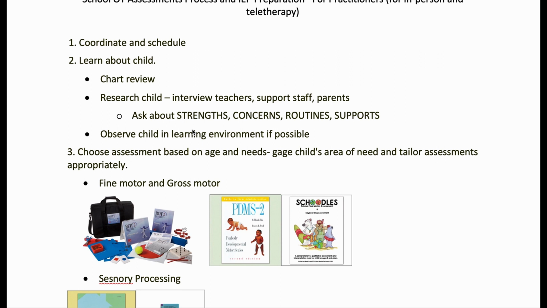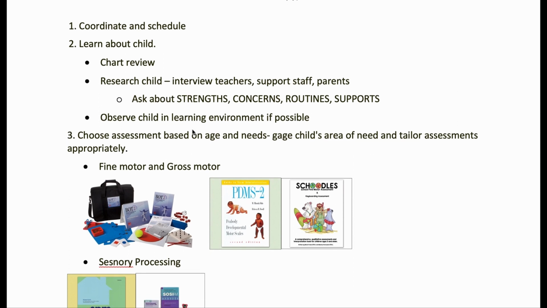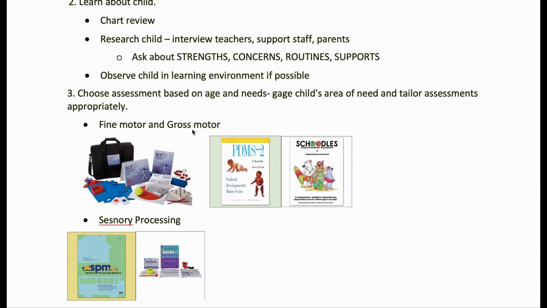Then number 3 is choose the assessment. Keep in mind, formal assessments would be particularly important, or more so, for the new IEPs and for triennials. So when choosing an assessment, it is very important to gauge the child's area of need and tailor the assessments appropriately.